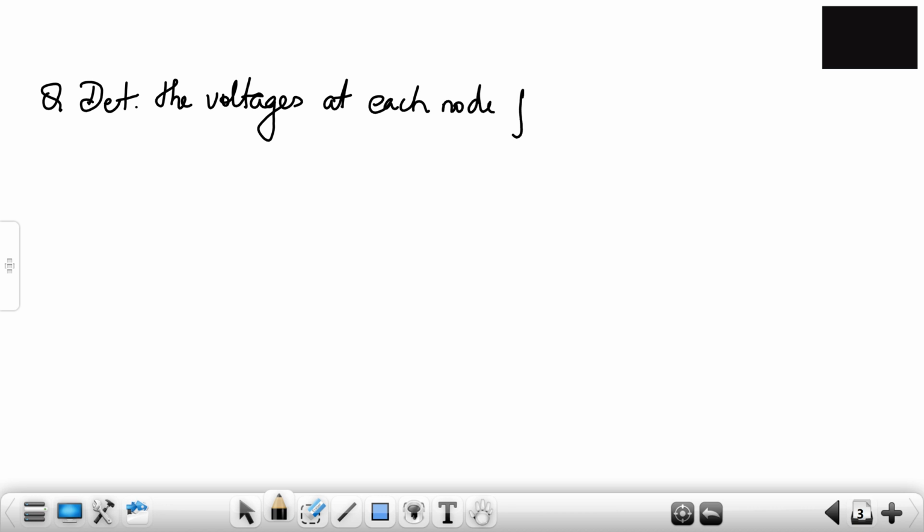Determine the voltages at each node from the circuit. Let's draw the circuit diagram.